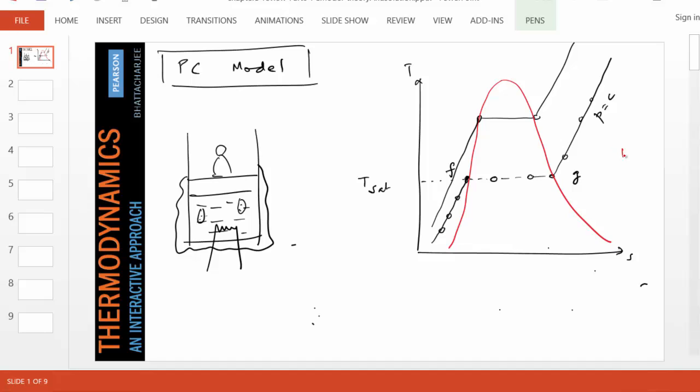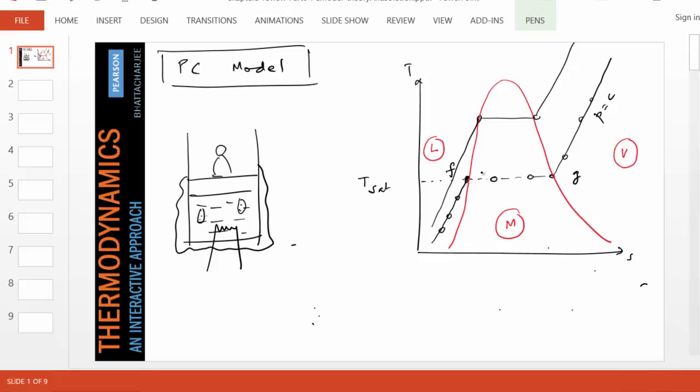On the right hand side, we have pure vapor, superheated vapor. On the left hand side, we have subcooled liquid, and inside the dome, we have a mixture of saturated liquid and saturated vapor. So once again, the essence of a PC model is that the dome separates the three different phases of the fluid.